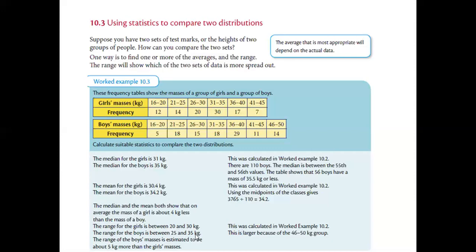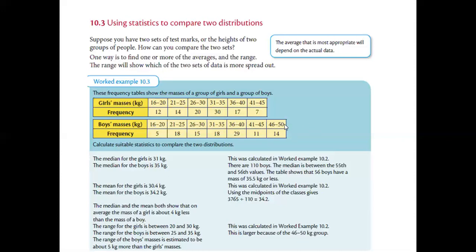Why? Because first of all, we need the largest mass. It is between 55.5 minus 20.5, and we can write 15.5 in decimal form.